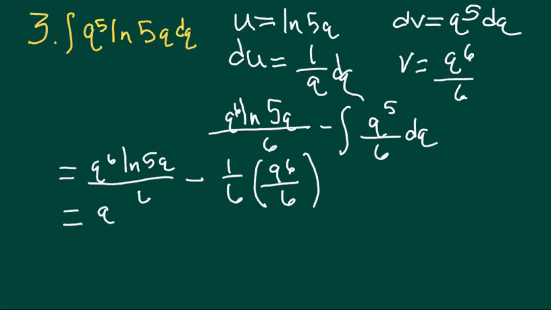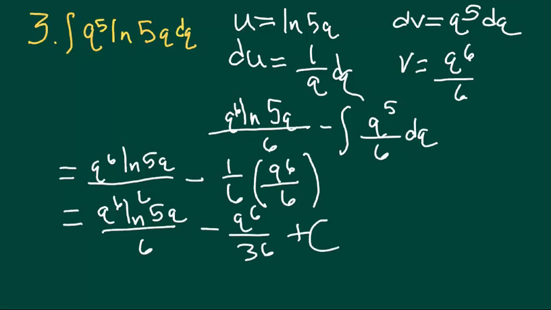And the whole expression is q to the 6 times the natural log of 5q over 6 minus q to the 6th over 36 plus c, and this is your answer right here.